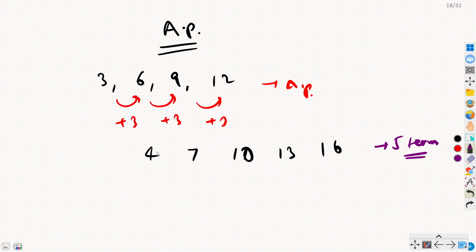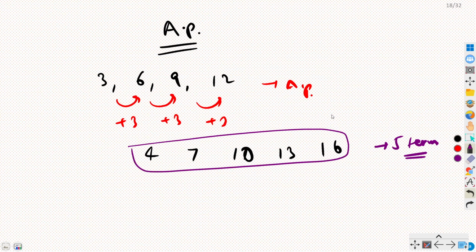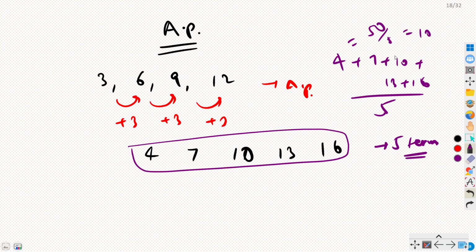If someone asks you to find the average of all these 5 numbers, you can do the basic one: 4 plus 7 plus 10 plus 13 plus 16 by 5, right? So you get 11, 21, 34, 50 by 5, equal to 10.